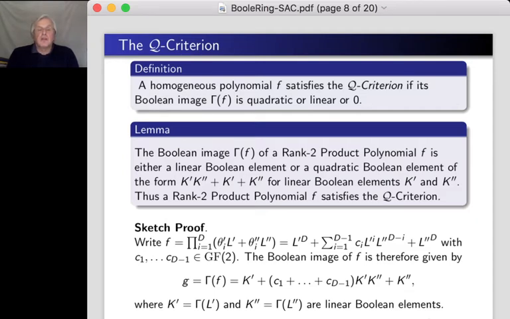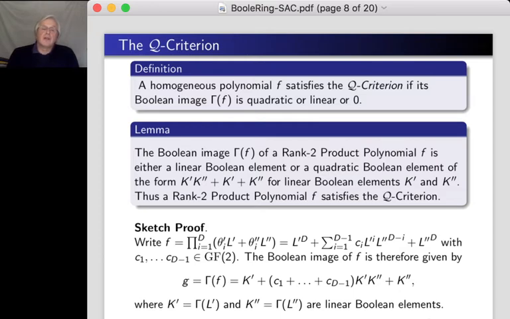So if we apply gamma to that polynomial, we get a Boolean element of the form k', the image of L' to the d, plus the sum of c_1 up to c_{d-1} times k', the image of L' to the i, times k'', the image of L'' to the d minus i, plus the final term k'', the image of L'' to the d.